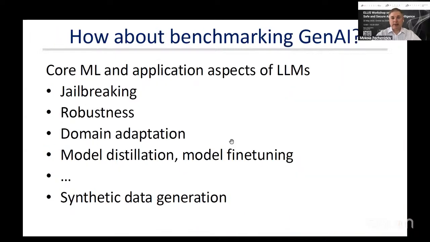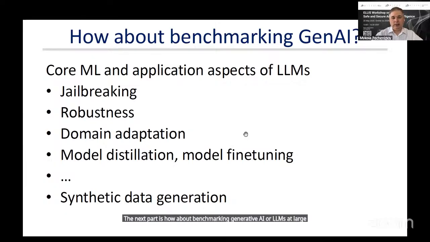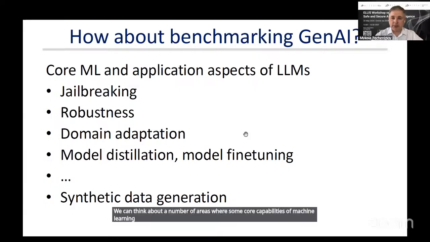The next part is how about benchmarking generative AI or LLMs at large? We can think about a number of areas where some core capabilities of machine learning or application aspects of LLMs have been tested. We just heard about jailbreaking, and there are really lots of interesting studies on that part.